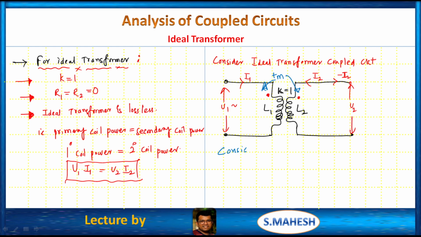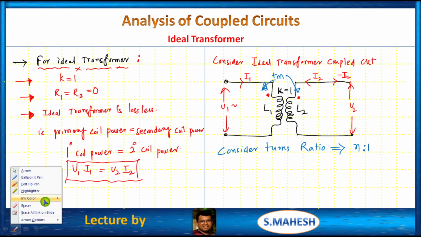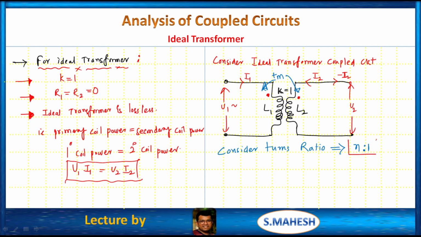Here a very important observation is the turns ratio. Consider the turns ratio is equal to N is to 1. Based upon the turns ratio only we can do the analysis. Turns ratio means primary turns by secondary turns should be equal to N by 1.